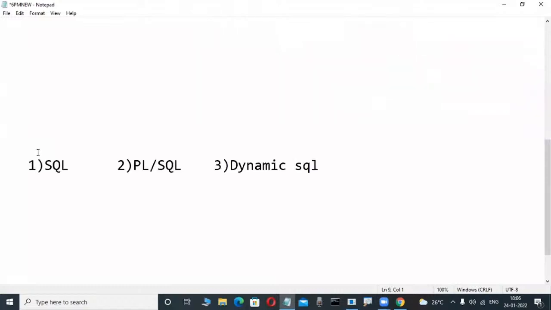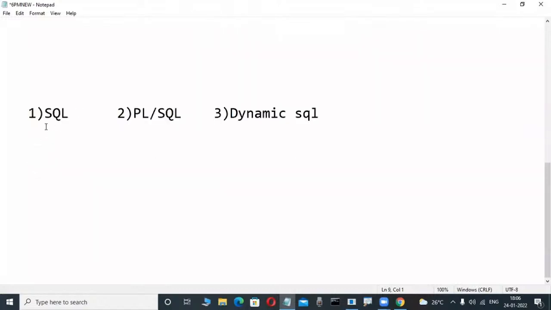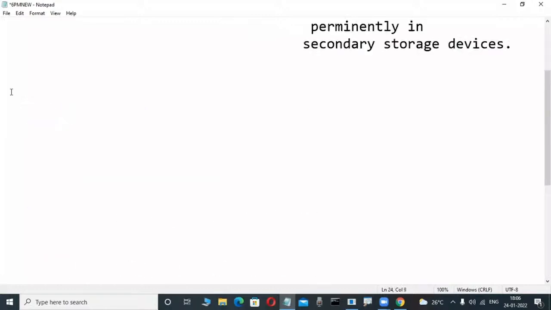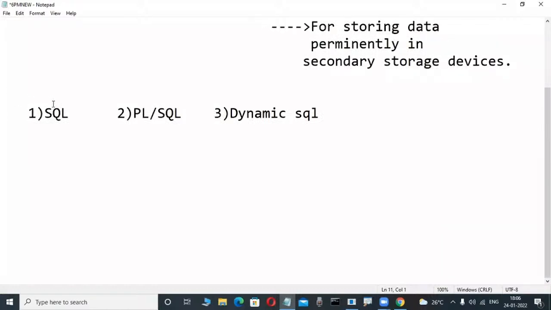For operating these products, we use SQL. But for the Oracle database product, 3 languages are used: one is SQL, another is PL/SQL, another is dynamic SQL. Up to this, we learned in the previous classes.